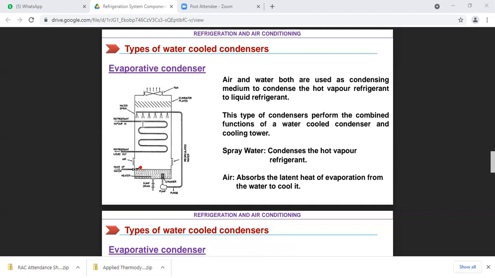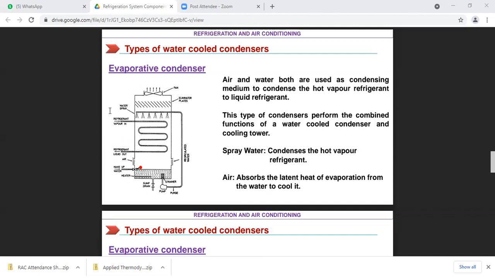Here you can observe the refrigerant vapor flowing in these tubes, and there is thermal contact between the vapor refrigerant and the water flowing. So there is an exchange of heat. The cold water becomes warmer as it falls over these tubes, and the refrigerant vapors are converted into liquid refrigerant, which comes out from these tubes.